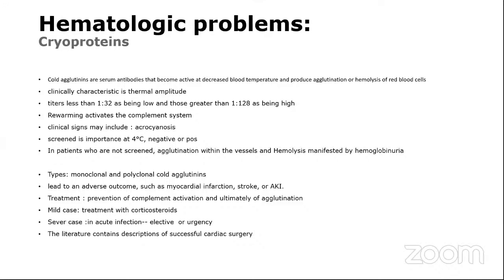It's called agglutinin antibody. While we are doing the surgery, we have to observe the vessels. If there is any hemolysis, that will be manifested by hemoglobinuria, which is dark urine. Agglutinin can also be seen, especially while we are wearing loupes.